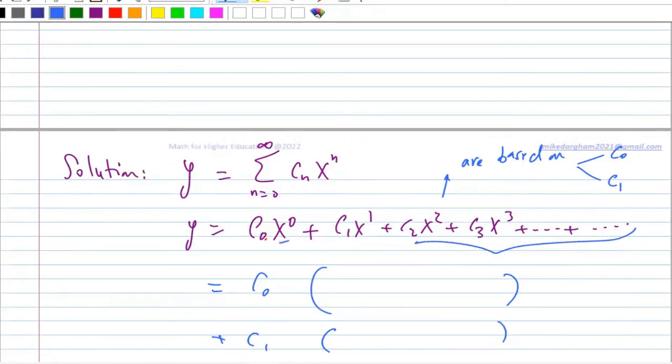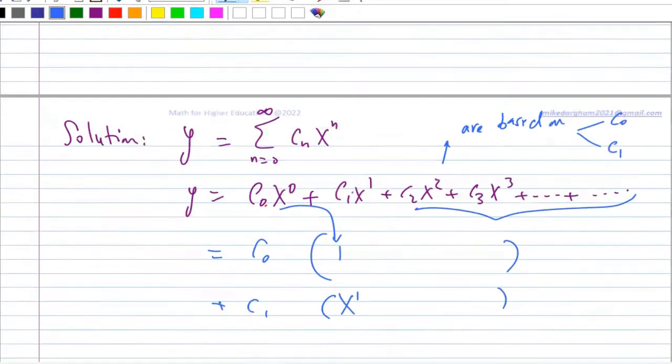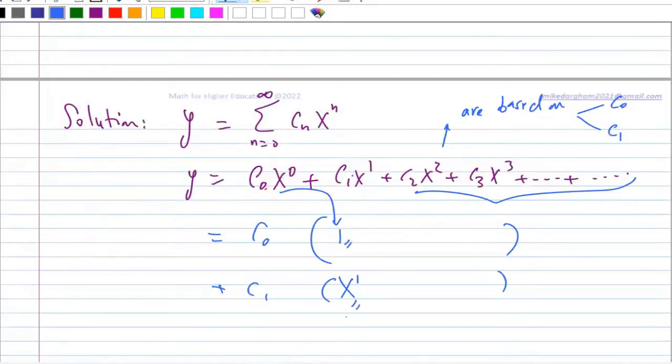When you put the C0, what do you get here is 1, because x power 0. And when you put the C1 here, what do you get? x power 1, right? So this is the first term by default. When they say I need 3 terms, or by default 2 terms more than this, in total 3 terms, it means you go 2 more K's here and 2 more K's there, and that's it. Now let us go back.